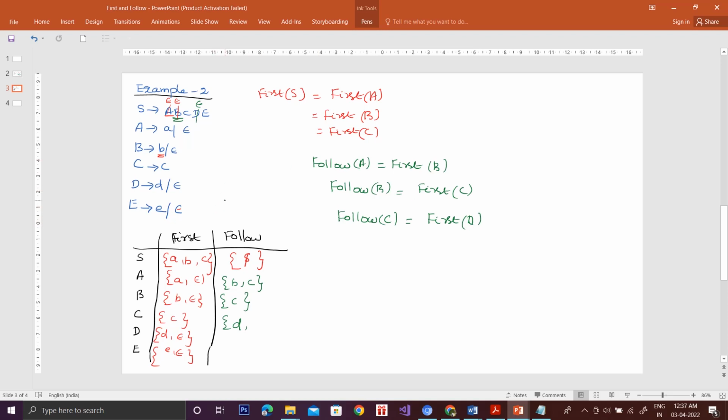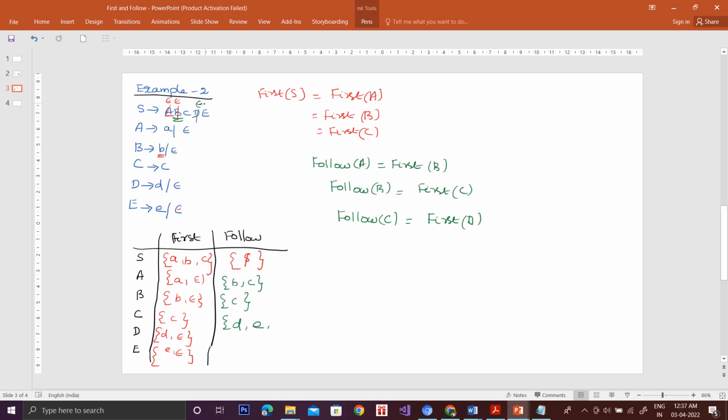E is a non-terminal. Because E is a non-terminal, you have to find out first of E, and first of E is small e, so you add small e.